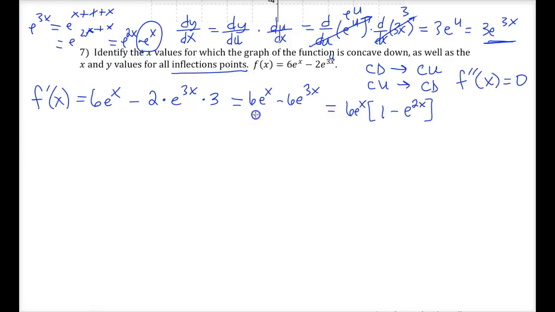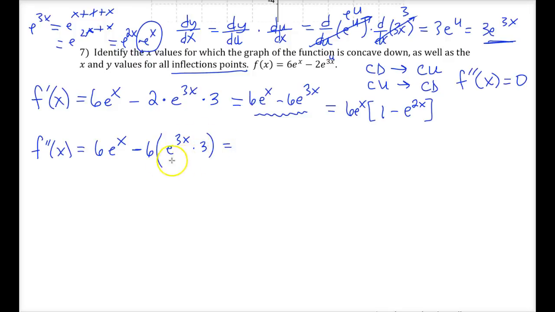So I'm going to use this form of our first derivative for the second derivative. So to do that, I know that the derivative of 6e to the x again is just 6e to the x, and that the derivative of e to the 3x, because we're going to ignore the constant here, is again going to be e to the 3x times 3.